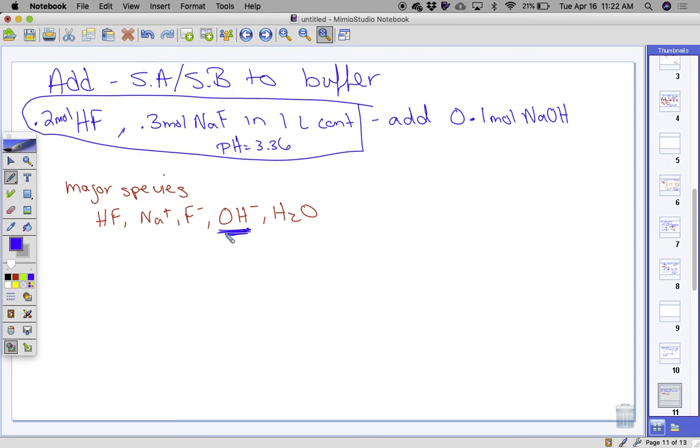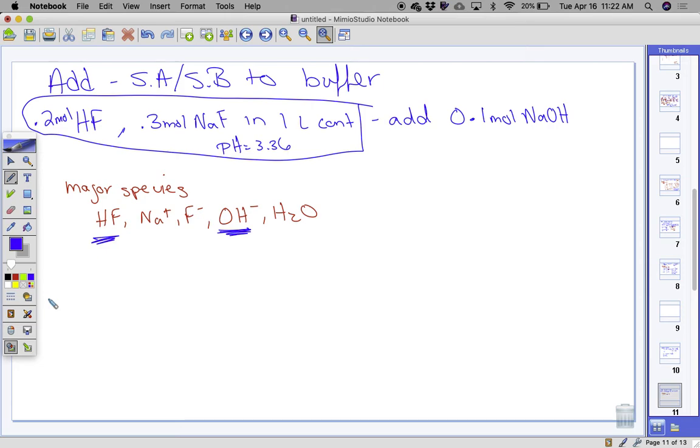Real quick, why don't we use NaOH instead of OH? Because NaOH is a strong base. What does it do in solution? It completely dissociates. So it actually exists in solution as Na pluses and OH minuses. So I'm listing them as they are in solution, mostly. All right, this is going to react with that.